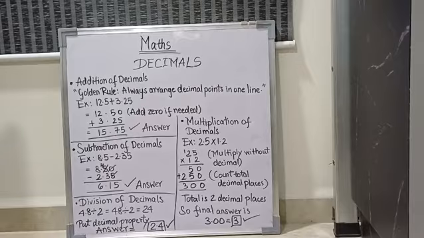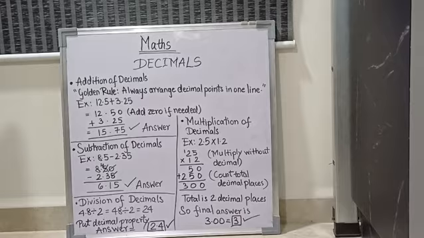Now how many decimal places can you see? 2. There is 0.5 and 0.2, 2 decimal places. So 300 is the answer. Now take 2 decimal places. So after 3, you have to remove those zeros. So the final answer is 3.00, that is equal to 3.